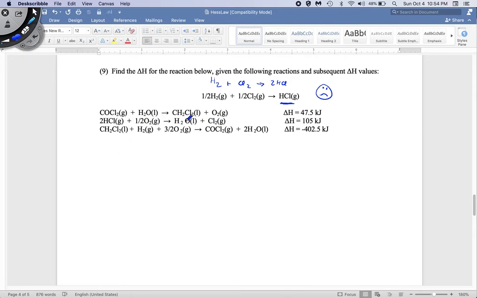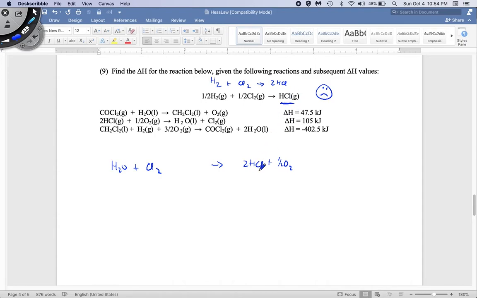I'm going to take the middle equation and say H2O plus Cl2 goes to 2 HCl's plus a half of an O2. And at this point, I don't want you to worry about the fact that this is 2 HCl's. I just want you to concentrate on the fact that HCl is in the right place.